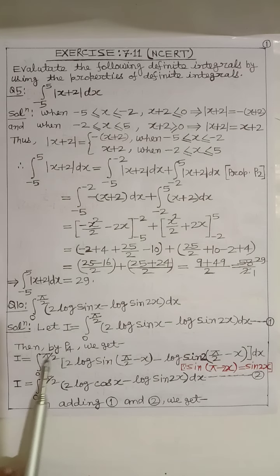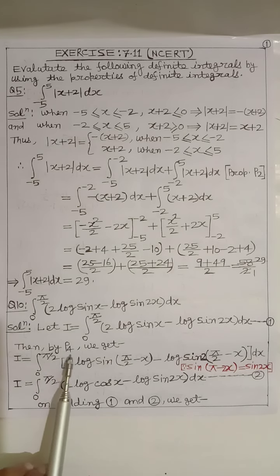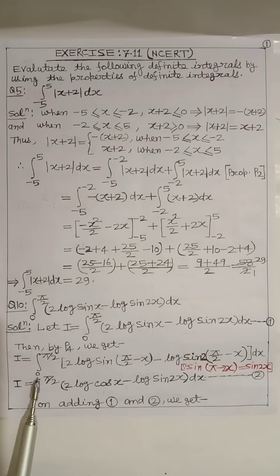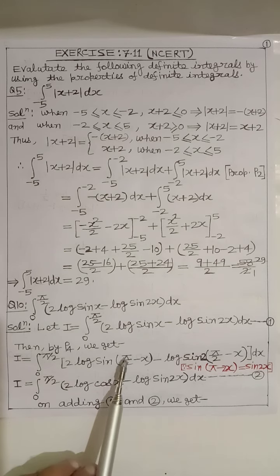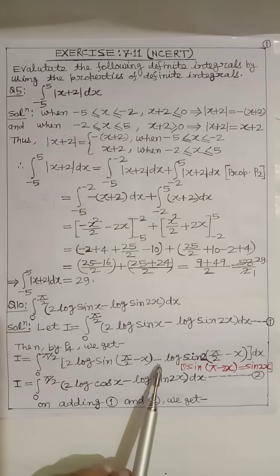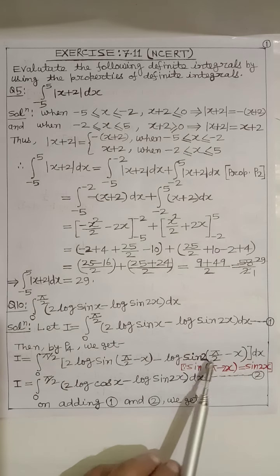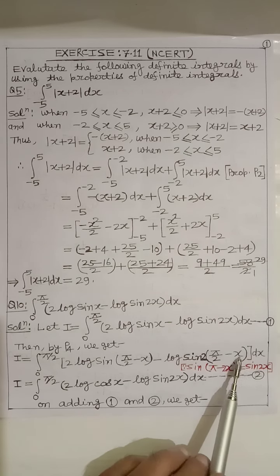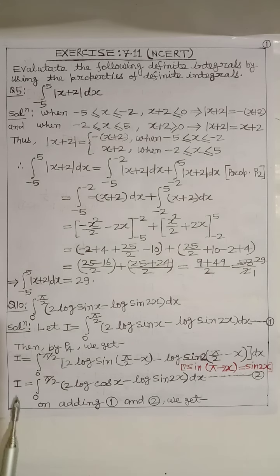Dear students, here using property P4 we get I is equal to integration of 0 to pi by 2 of log sin (pi by 2 minus x) minus log sin 2(pi by 2 minus x) dx, and this is equal to integration of 0 to pi by 2 of log sin (pi by 2 minus x), that is cos x.